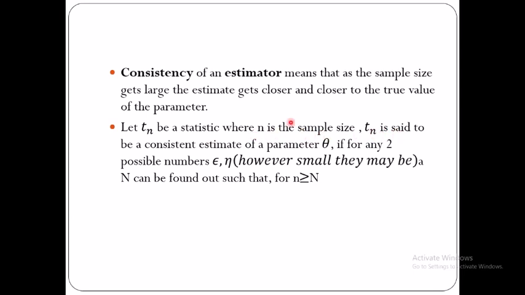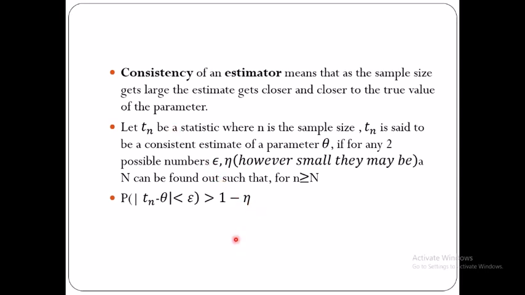Tn is said to be a consistent estimate of a parameter theta if for any two positive numbers epsilon and eta, a capital N can be found such that for n greater than or equal to capital N, we have the equation: probability of the absolute value of Tn minus theta less than epsilon is greater than 1 minus eta. Now this is also a bit confusing towards the end.